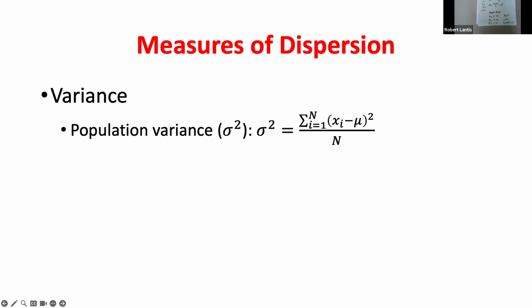For every single observation, we take the value that observation has for this X variable, subtract the mean of that variable, then take that difference and square it. We then go to the second observation, take its value for this X variable, subtract the mean, and square it. We do that for every single observation, and once we have them all added up, we divide by our total number of observations.